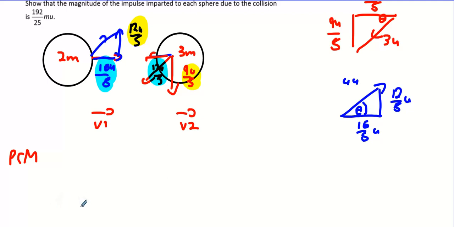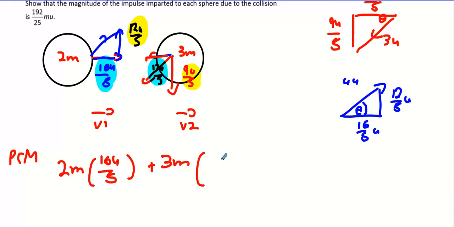We're going to go for 2m times 16u over 5, plus 3m times 12u over 5, equals 2mv1 plus 3mv2.